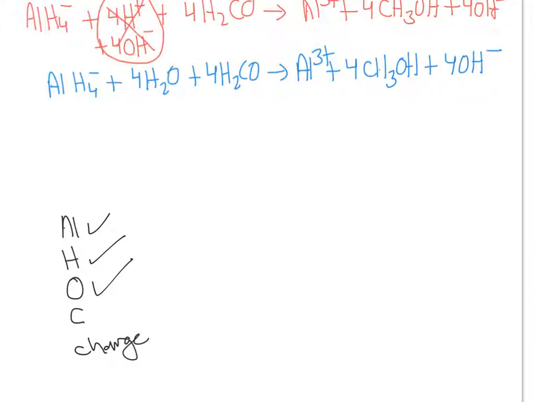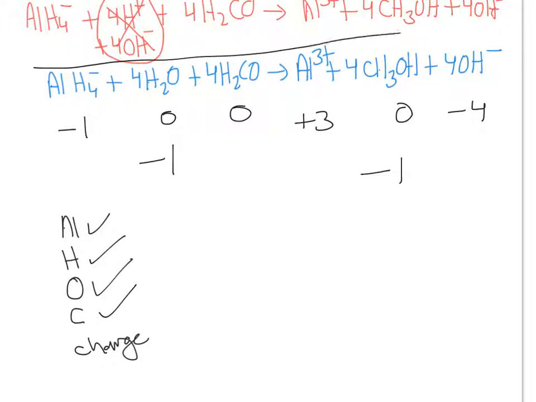The carbons we have 4 and 4, so that one also checks. Now let's look at the charge. This is a -1, 0, and 0 for a total of -1. On this side we have a +3, 0, -4 for a total of -1. So that checks, so that means we've done it correctly, and this is our balanced equation.